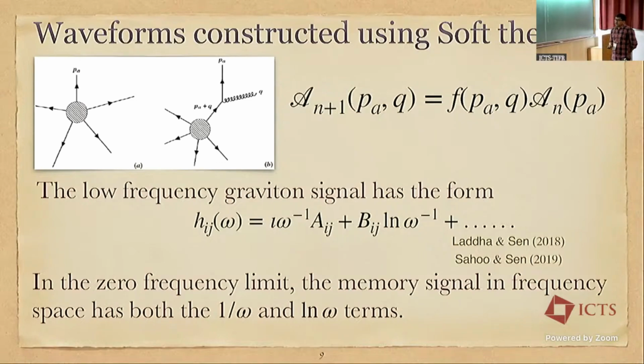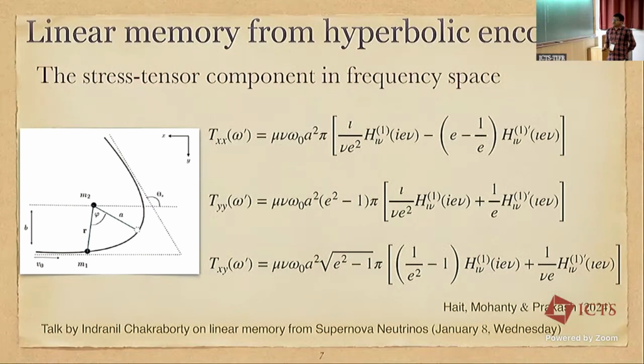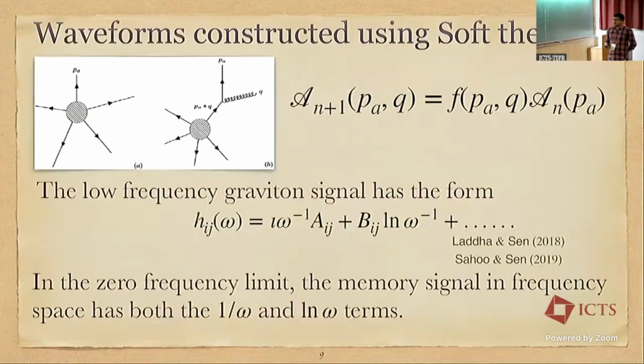Now in our case, if we expand this T mu nu, all this stress tensor in the zero frequency limit, we also obtain the same kind of behavior in our derivation.